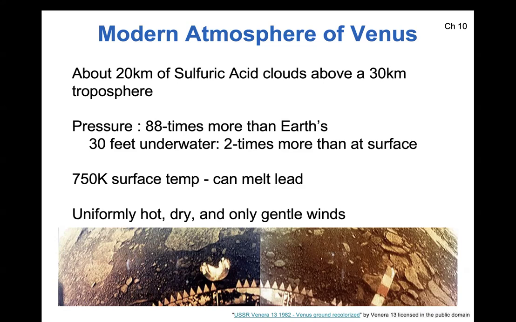I'm trying to make sense of the sentence. So it's comparing Venus's atmosphere and saying this is how pressurized it is compared to going 30 feet underwater. So it's 88 times more pressure than being on Earth 30 feet underwater. But then the second part, two times more than at the surface. Well, I might have to circle back around to see what they're saying there.